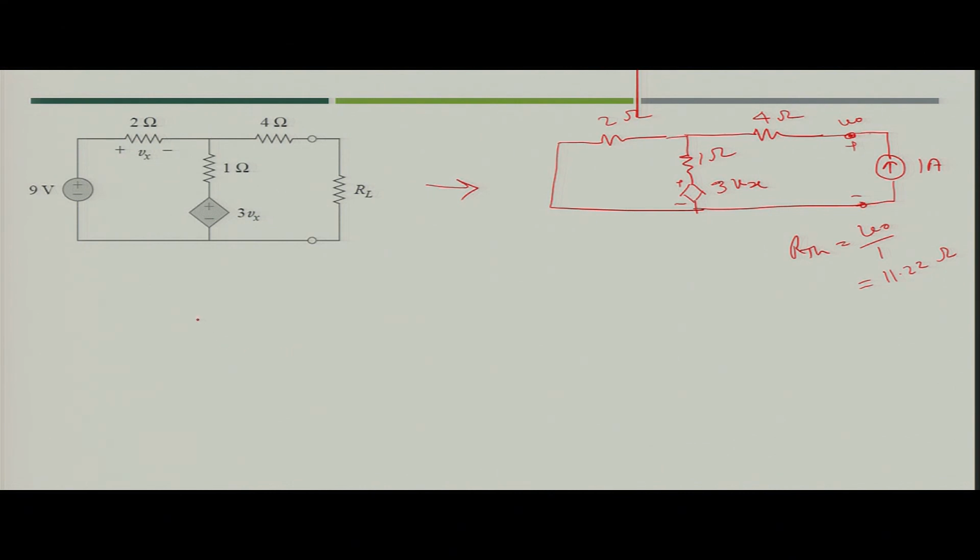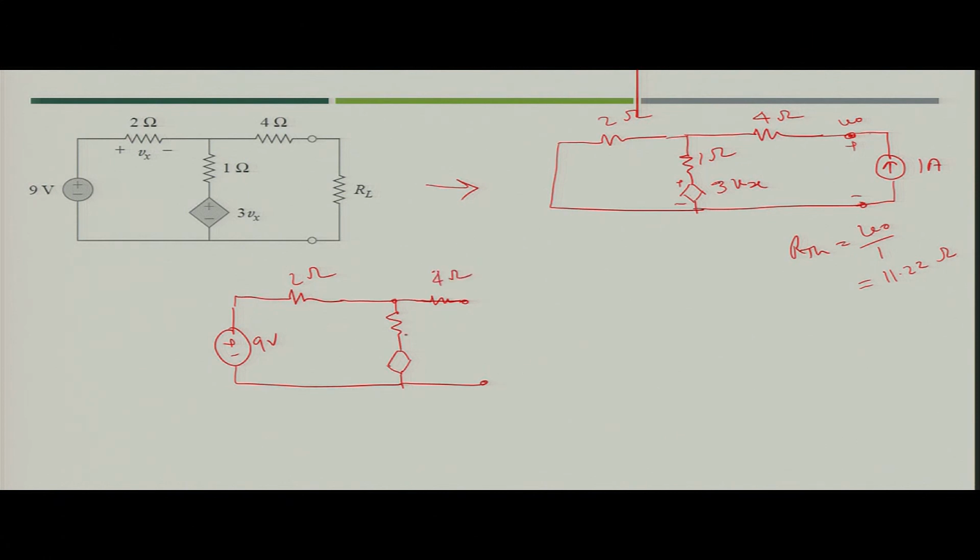Similarly, for V T H, what you have to do? You have to just solve this circuit where you have 9 volt as supply, 2 ohm, and you have a resistance, then the dependent voltage source, and here you have 4 ohm resistance, which does not have any impact because the terminal is open circuited.